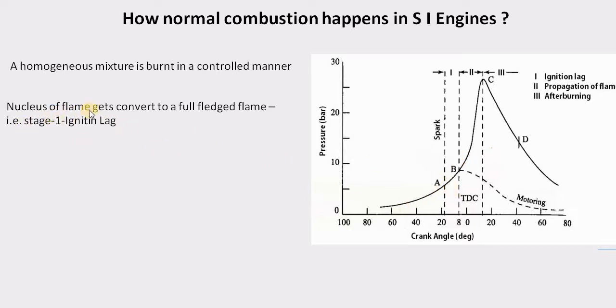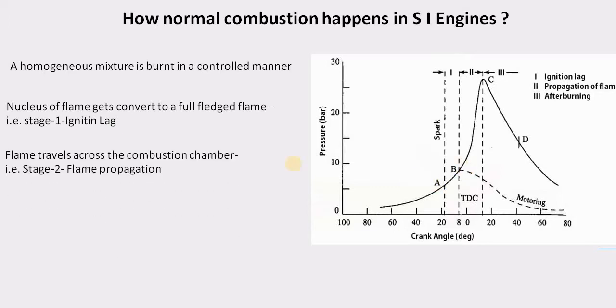Now, in the first stage, from A to B, which is the ignition lag, a nucleus of the flame is generated inside the combustion chamber with the help of a spark plug. A spark is given at A and a nucleus is generated, and this is converted into a full-fledged flame in the ignition lag period. The second stage is the flame propagation stage.